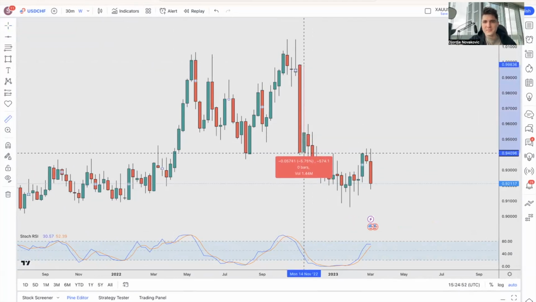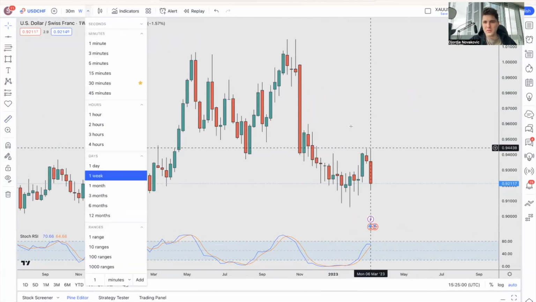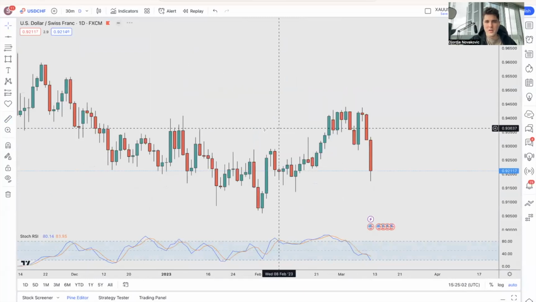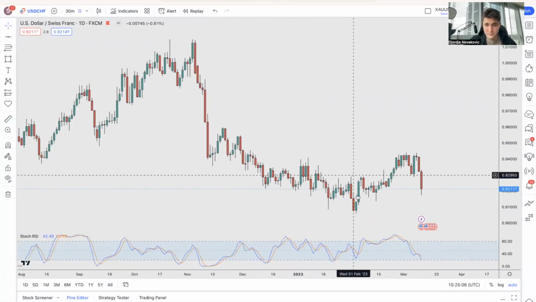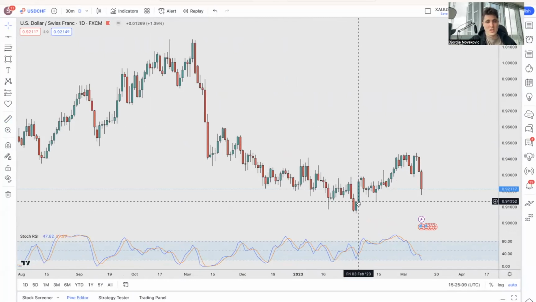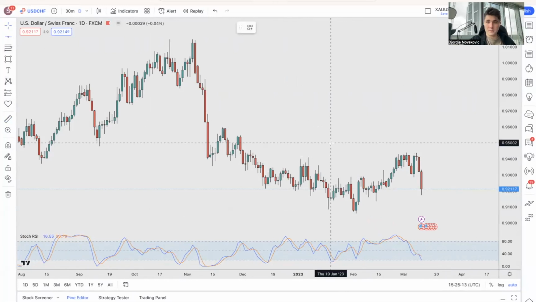We had a 6% variation, 600 pips movement in a week. But at the moment on the weekly, you can't find any trend. On the daily, you can't really find any trend. Honestly, it's just ranging, okay?